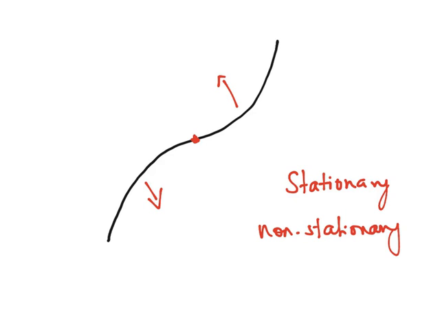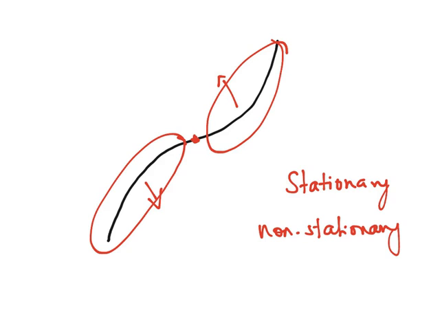Now there is one more thing that you should know. If you observe the behavior of the function before and after the point of inflection, it will be the same. For example, here the function is increasing before the point, and even after the point of inflection the function is increasing. Same way, you have something like this.